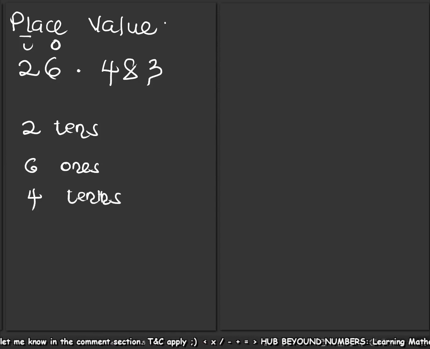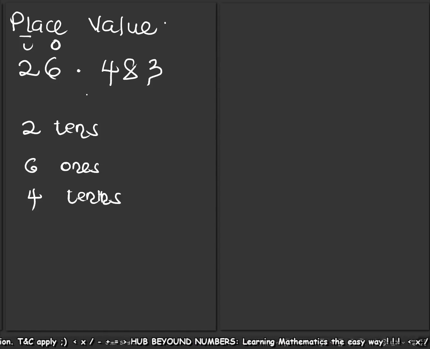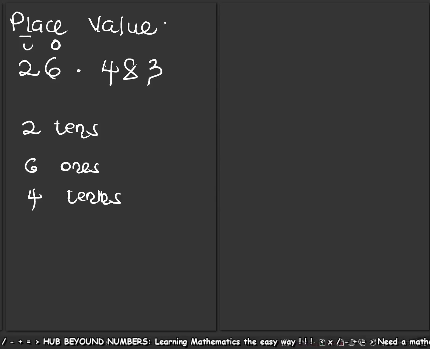Remember we said for the decimal part, we have tenth, that is 10 with a th. Then we have hundredth, 100 with a th. Then thousandth, 1,000 with a th. Then it goes on and on, to ten-thousandth, then hundred-thousandth, and it continues.